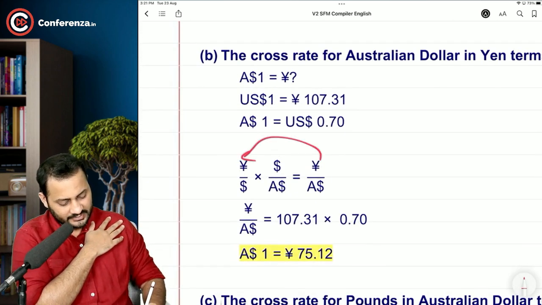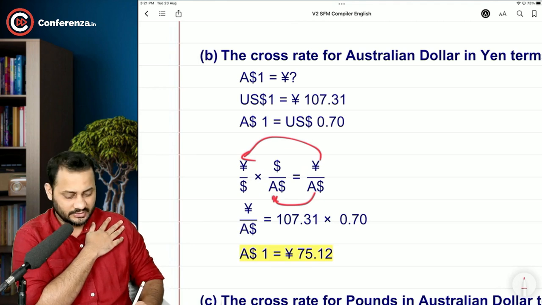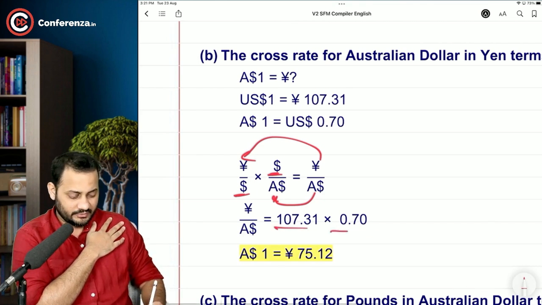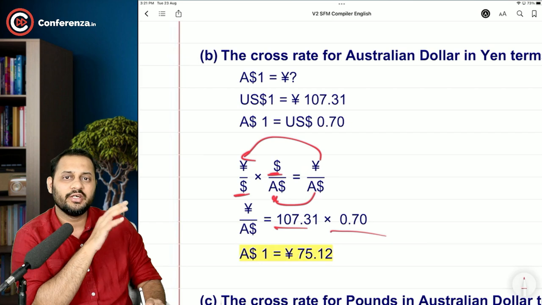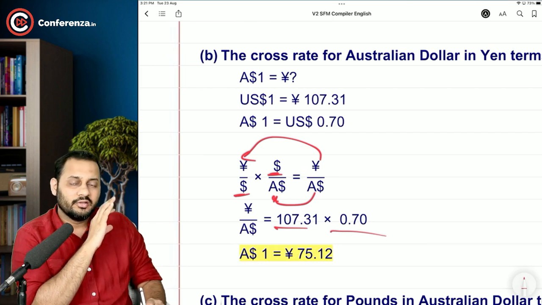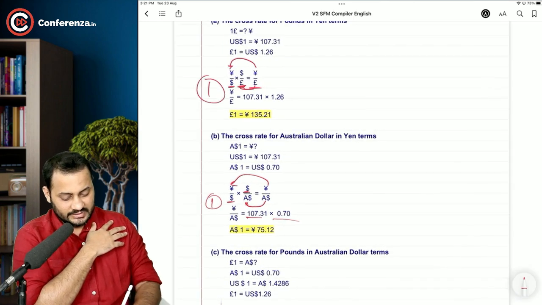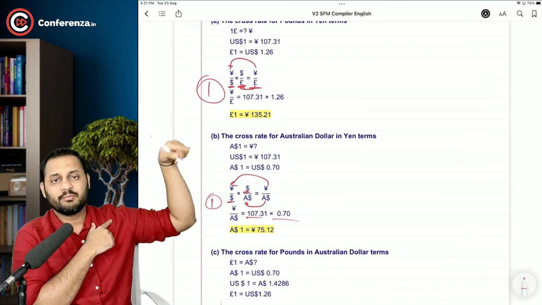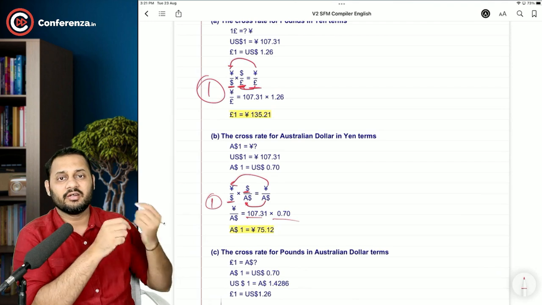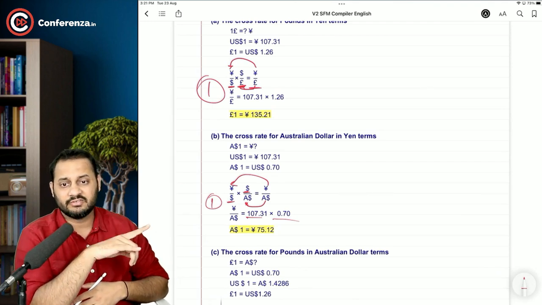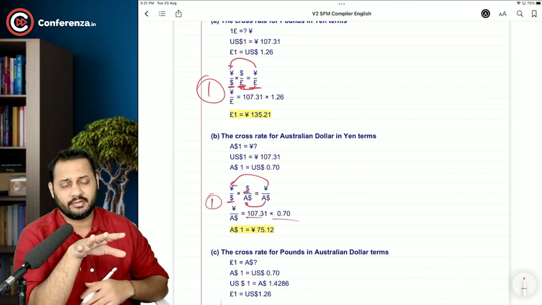Yen should become the price currency, Australian dollar should become the base currency, and the other currency should be price and base in the other quote. And the rates are directly given to you, 107.31 and 0.70. So there is no need to convert from direct to indirect. Both of these types of questions are covered under the first example out of the 4 that we discussed. This is the first part itself, the easiest part.